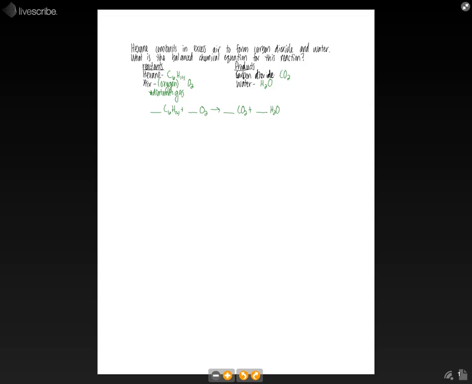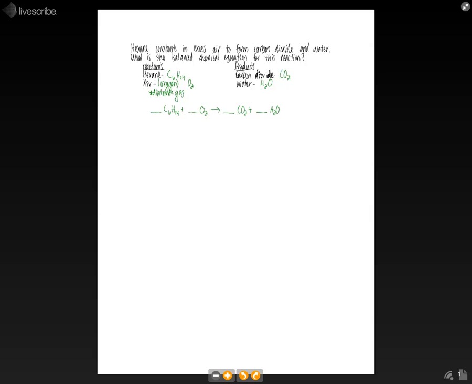Now we're going to want to make a list of the atomic species on each side of our equation and fill in the amounts of atoms on each side so that we can balance the equation. On each side we have a carbon, a hydrogen, and an oxygen.